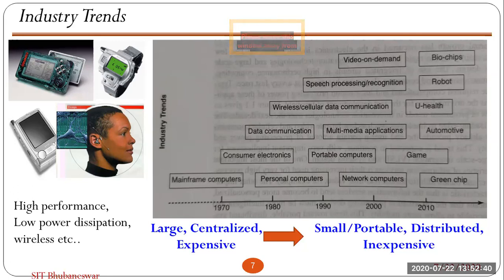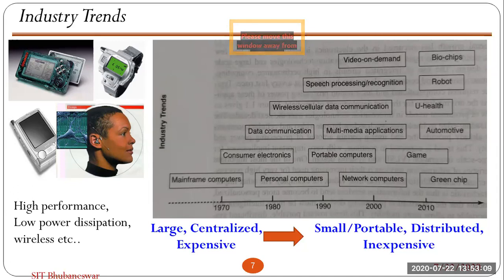Then data communication, and multimedia, meaning audio processing, video processing, text, graphics. Since multimedia is in demand, a lot of chips come in this domain. Then automotive also. Now in every car you will find hundreds of chips, hundreds of electronics inside.